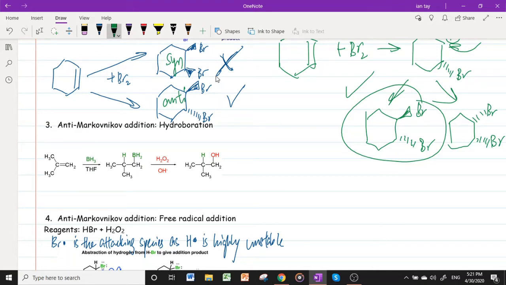One example is hydroboration, which is addition of H2O using BH3. How this occurs is that first there's an attack on the boron atom by the pi bond. Why? Because the boron atom is electron deficient, having an empty p orbital, thus forming this intermediate over here.